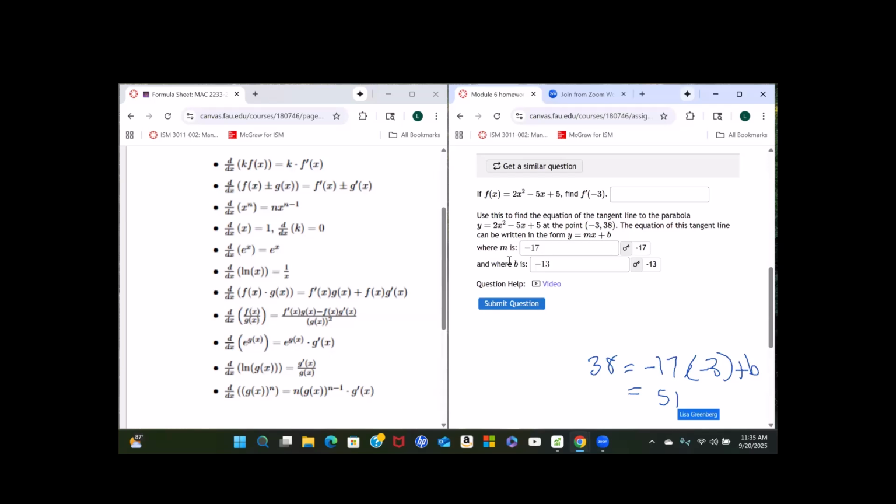And that would make this 13 negative. Oh, yeah. Because this is plus b equals 38. And then I'm subtracting 51 from both sides. That was my mistake. I added wrong. Yeah, I wrote it wrong too.